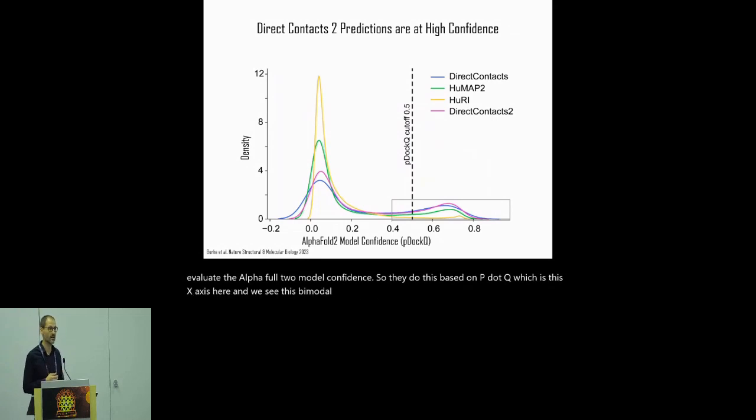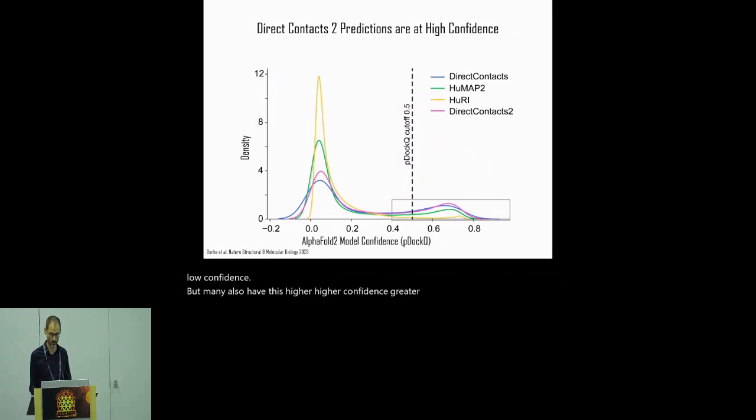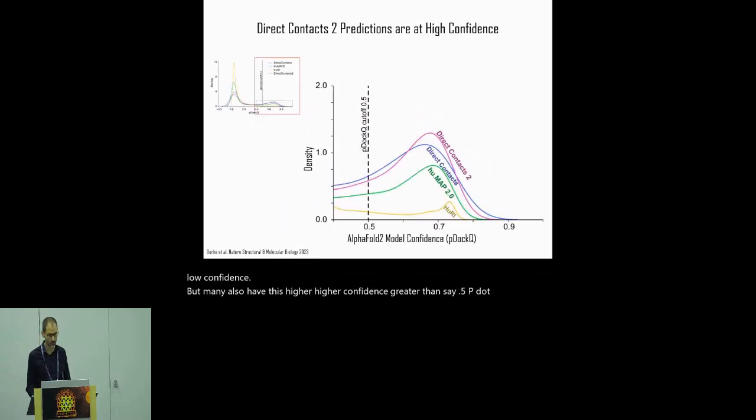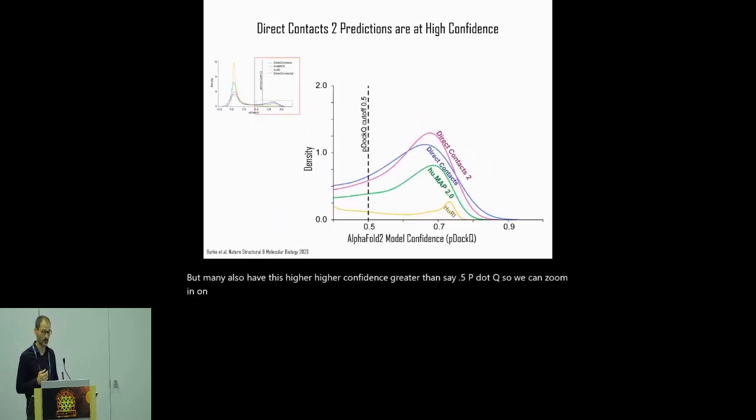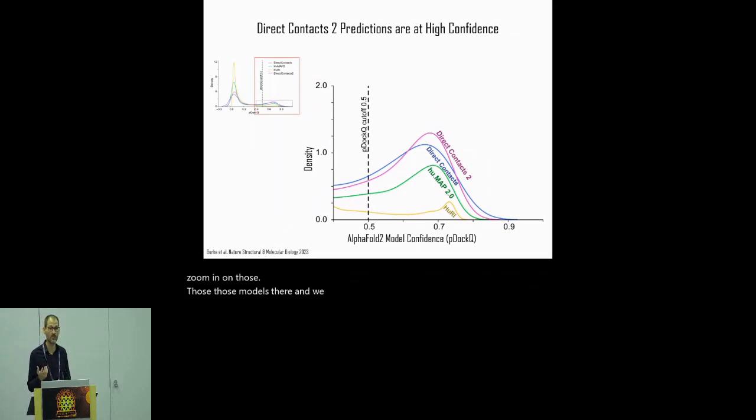We see many different subunits have this low confidence, but many also have this higher confidence, greater than say 0.5 pDockQ. So we can zoom in on those models there, and we see that direct contact score is enriching for this and outperforming these other models.